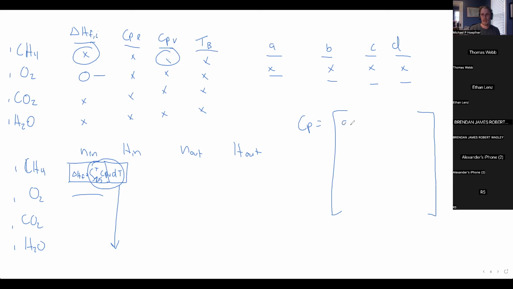It would be A for CH4, B for CH4, C for CH4, and D for CH4. And then A for O2, and so on and so forth until we get to D for H2O, right? So in Python or MATLAB, an array is the same thing as a table.